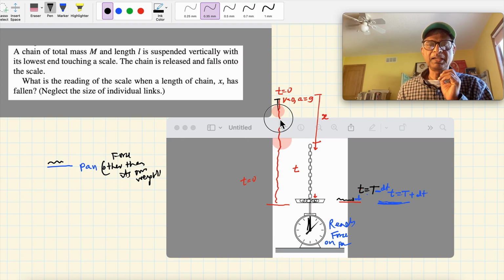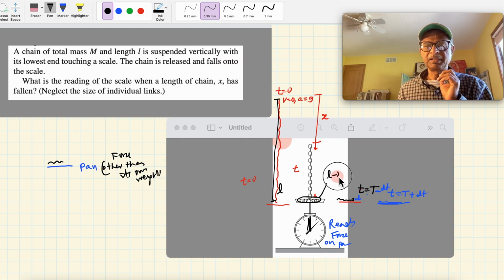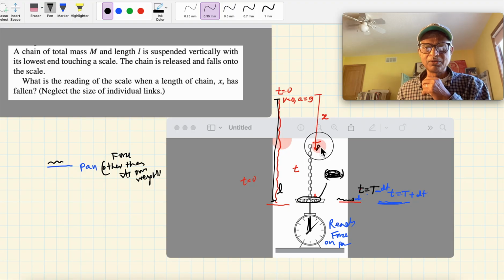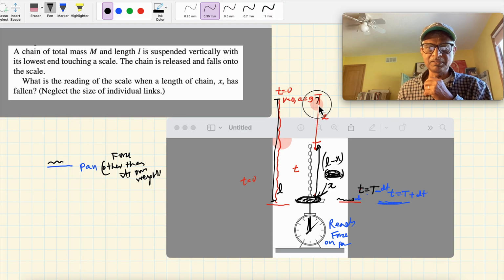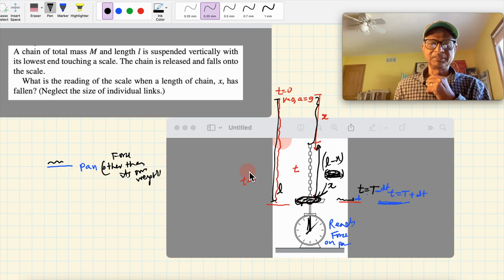If the chain was L, then the one that's sitting here will be L minus X, right? I'm sorry, this is fallen X. So this is L minus X. And the one that's falling down all the way here, the amount that's fallen down is X also. This is the amount of chain that is going to be over here. Okay.